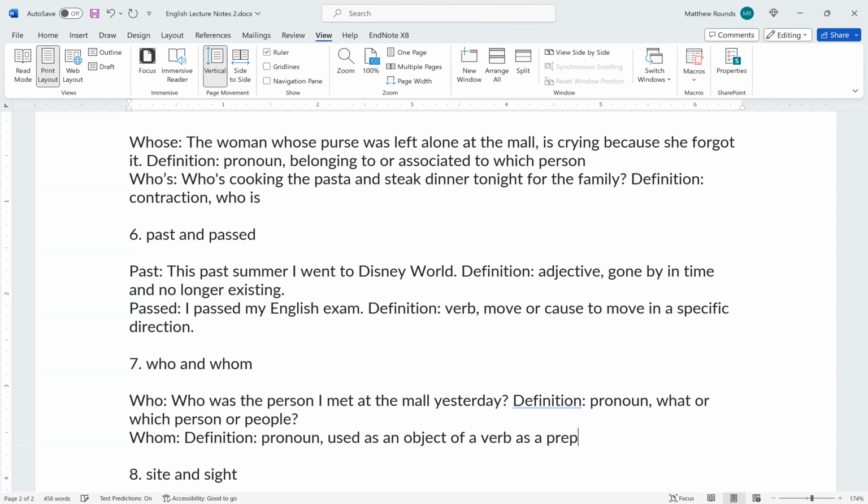Okay, so for this one, why don't you do a search on a sentence with the word whom so you can get an idea and then rewrite it on your own. All right. Sentence with the word whom.